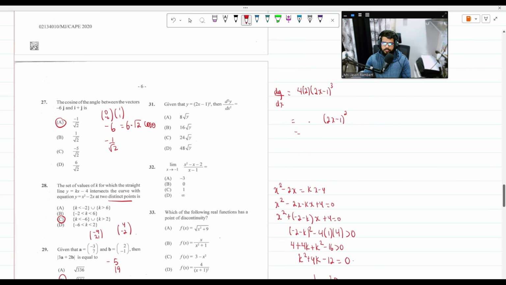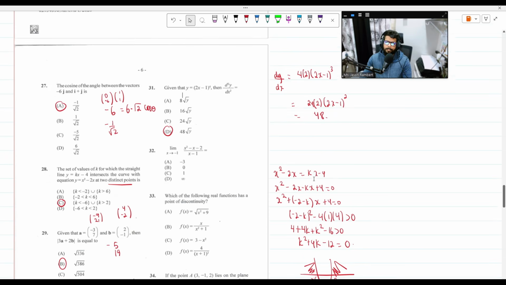Yeah, 8 threes are 24, and differentiate. Nice. 24 by 2 is 48, so the only one that has 48 is D. And (2x minus 1) squared, if I square root this and I square root this, is going to be root y.